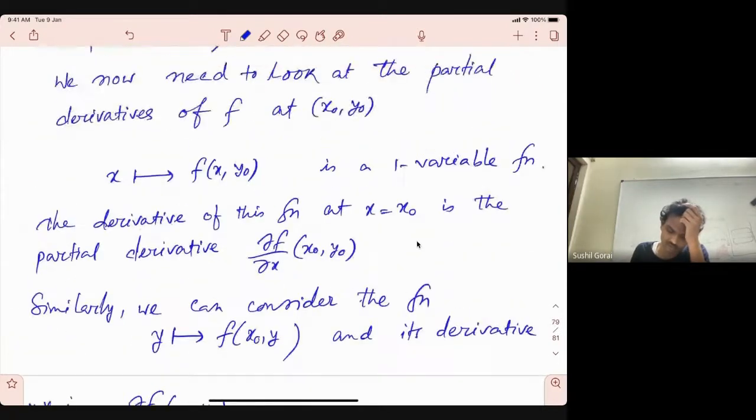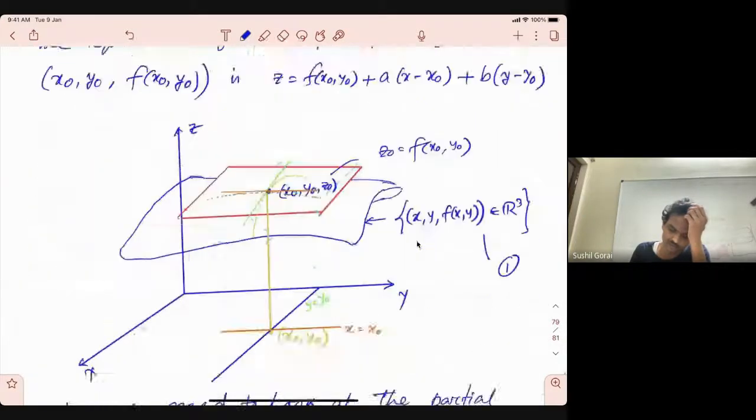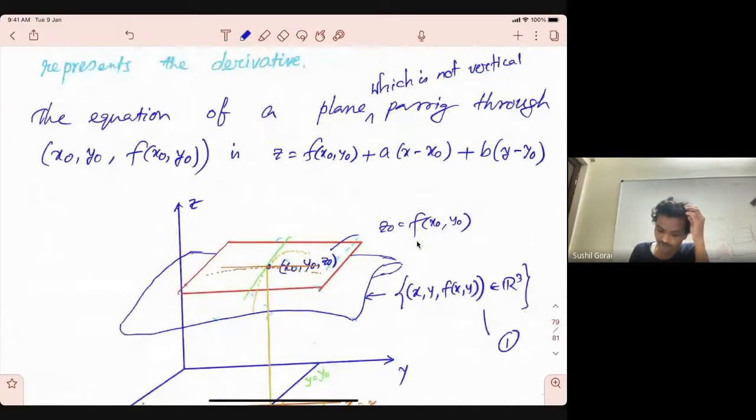The point is, this plane is touching the surface, or you want this plane to touch the surface, so better be this line inside the plane. All right, it should be there.